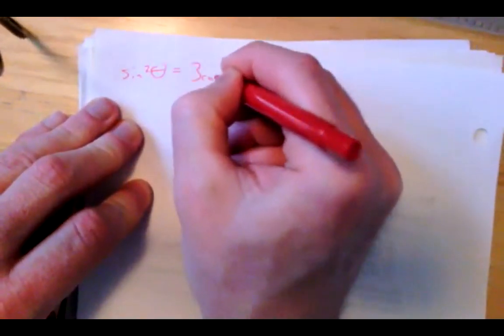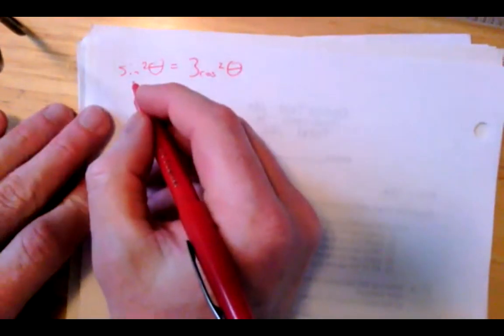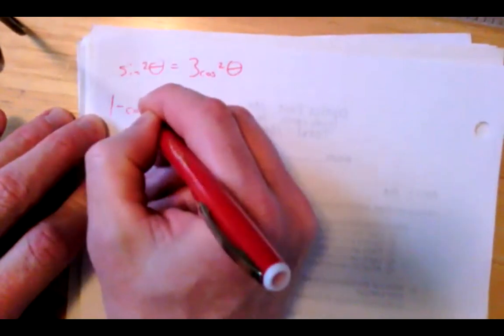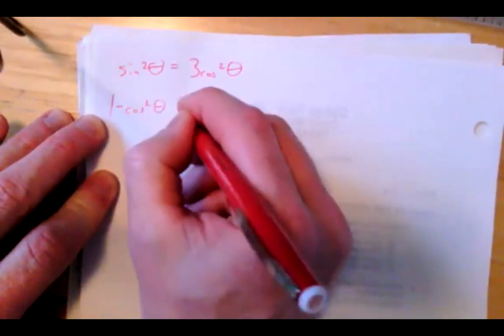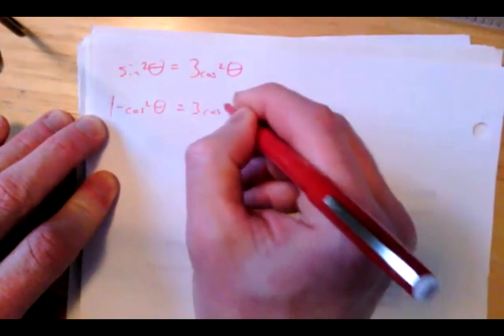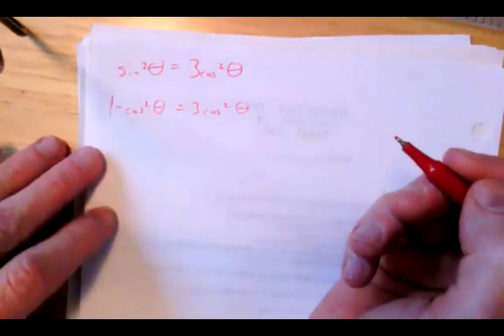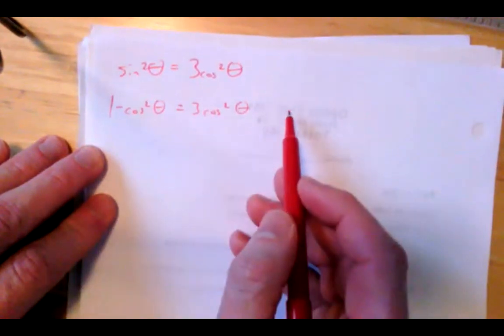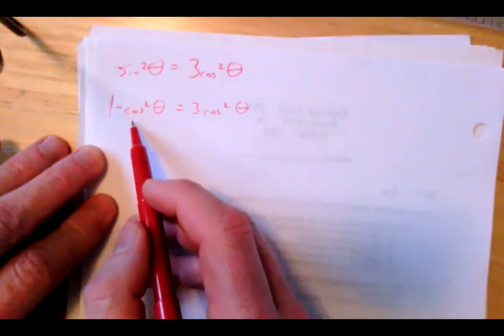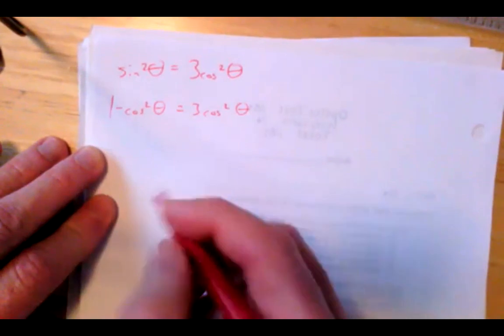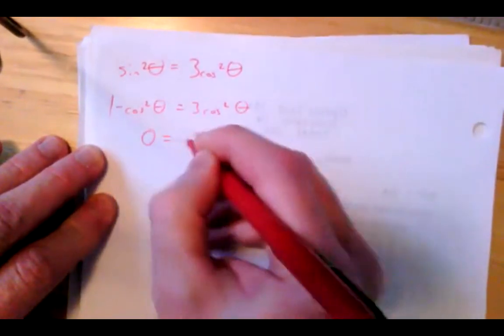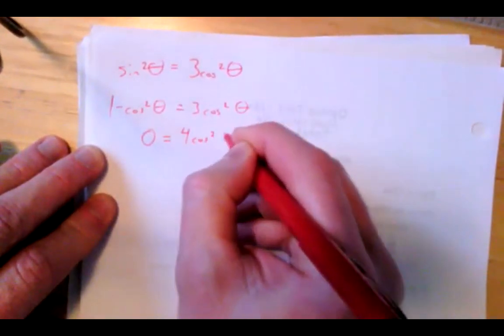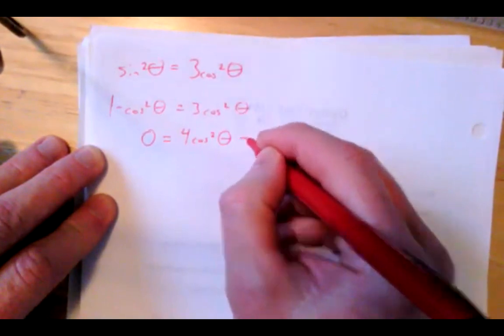So this is 1 minus cos squared of theta equals 3 cos squared theta. We want everything over here, so we're going to add cos squared theta to both sides, and we're going to subtract 1. So it becomes 0 equals 4 cos squared theta minus 1.